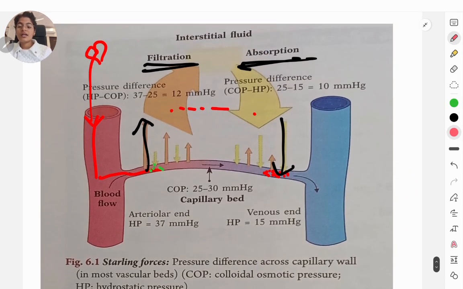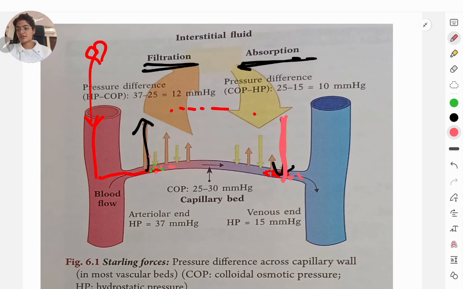See here, if there was less colloidal osmotic pressure, here it clearly won over hydrostatic pressure, but here the hydrostatic pressure decreased a bit. But even then, colloidal osmotic pressure is again lesser as compared to hydrostatic, then surely the fluid couldn't be pumped inside again.